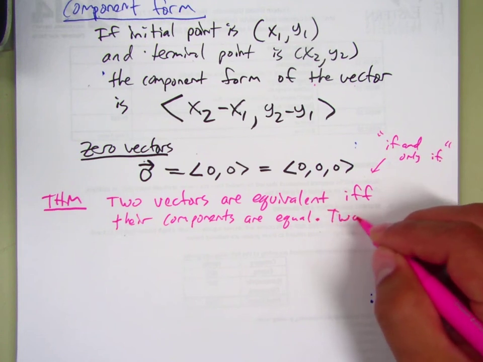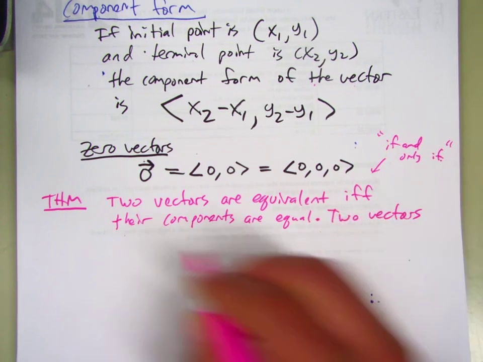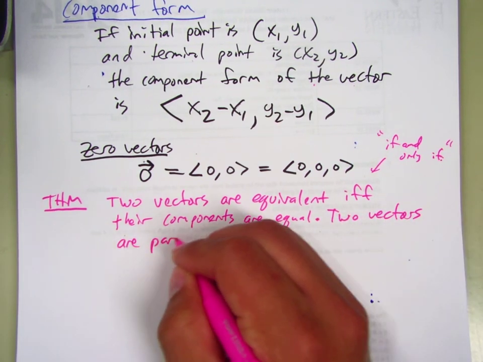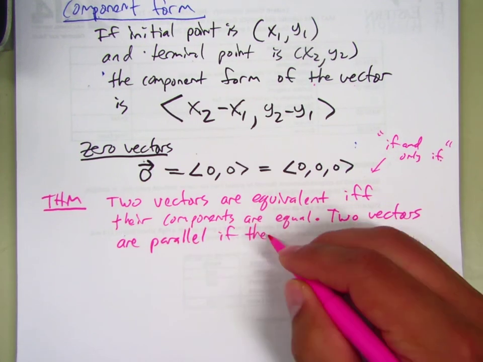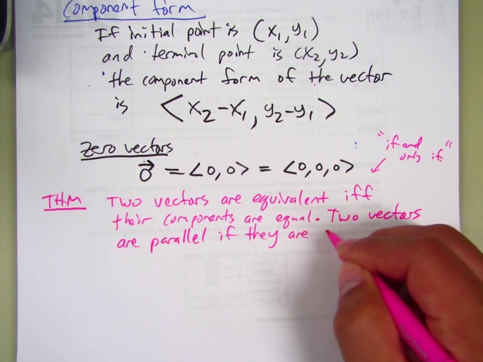Two vectors are parallel if they are scalar multiples of each other.